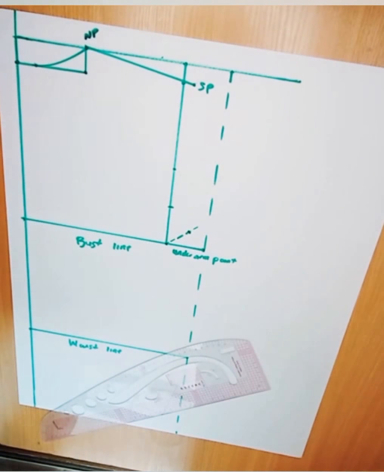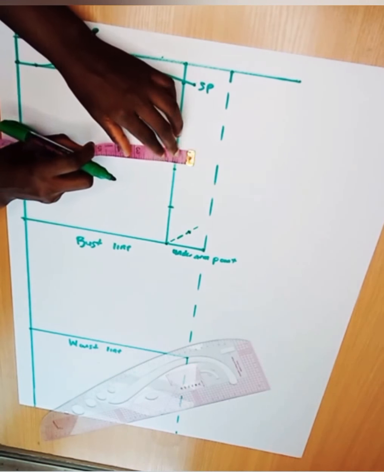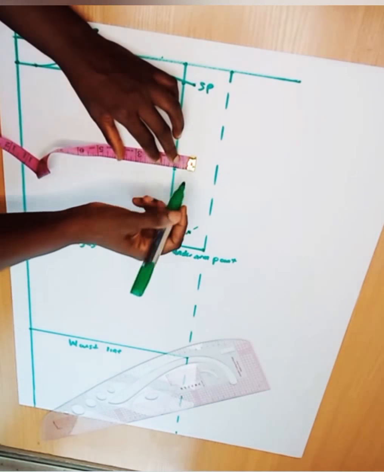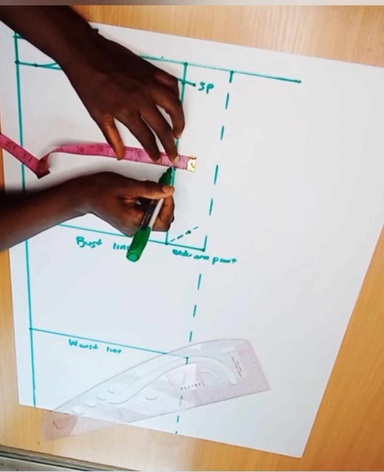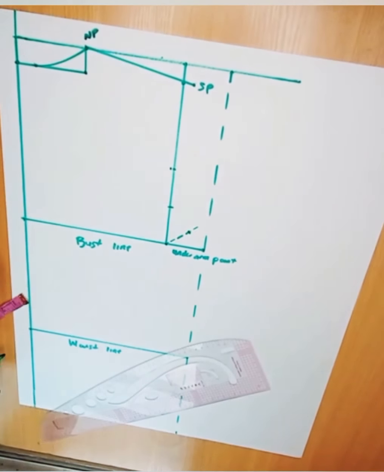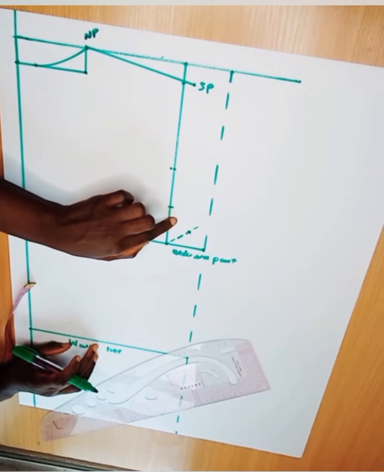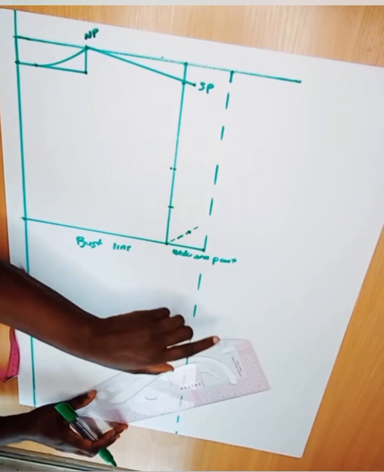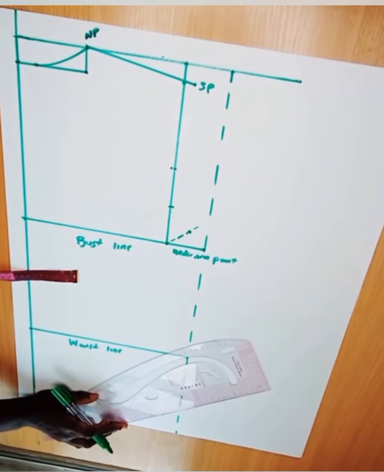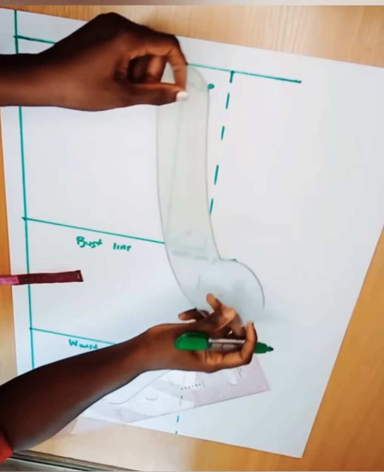So at the midpoint of the arm side, we come in by 0.1. Now we form the armhole curve like so, from the shoulder point, touching every point we have marked or dotted.